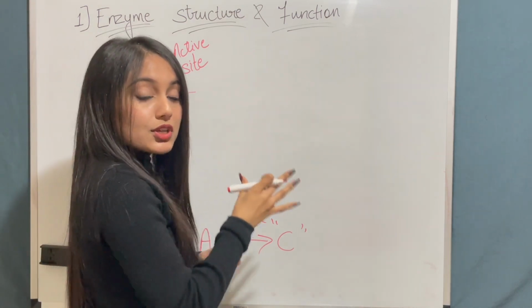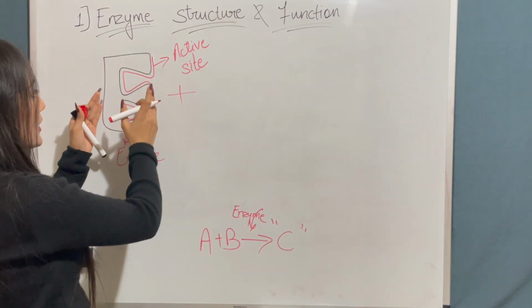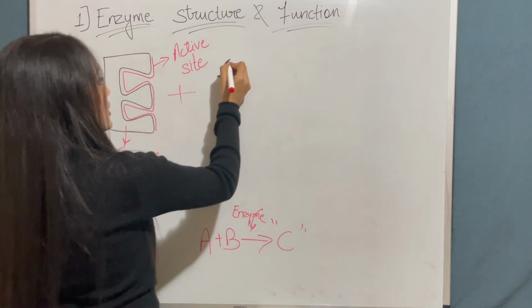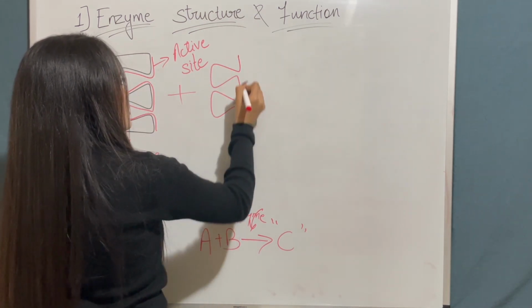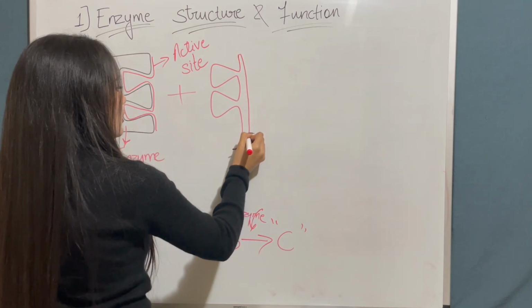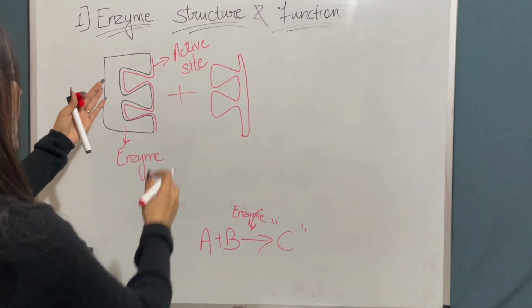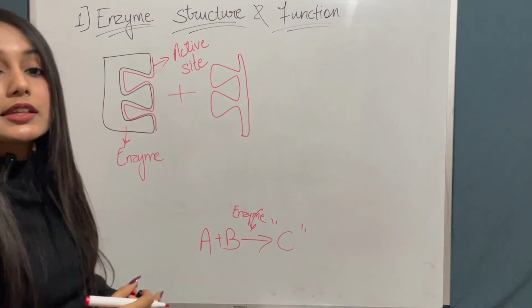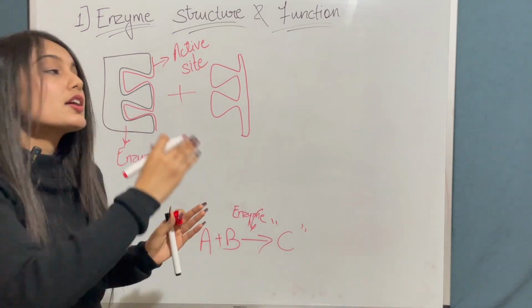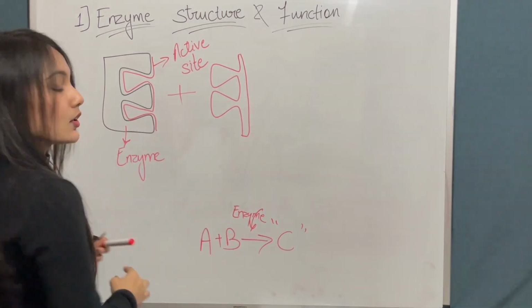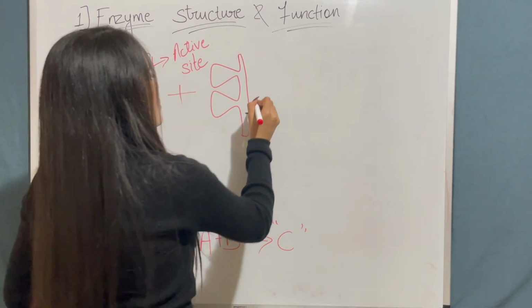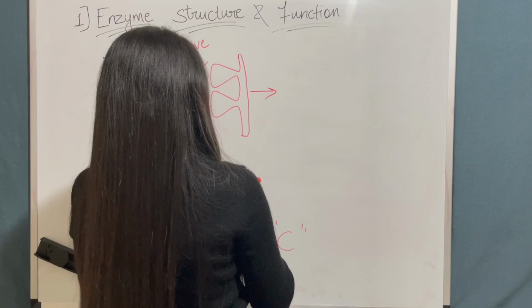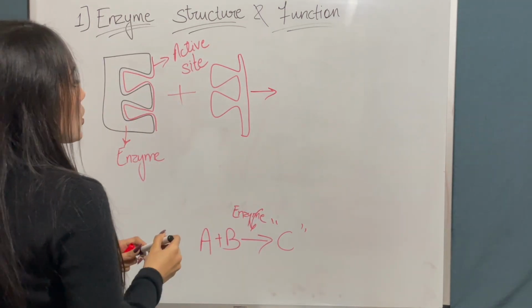It should be extremely complementary to the active site. So if this is the active site, the shape should be somewhat like this. Is it 100% complementary? Yes. Only in that case, the reaction will go on. Okay, so this is the shape of the substrate. Now, what happens further? It forms an ES complex.